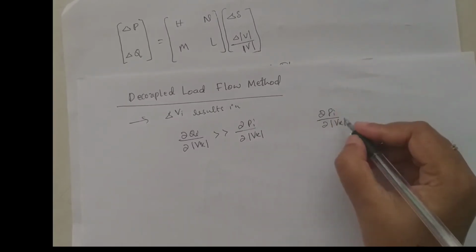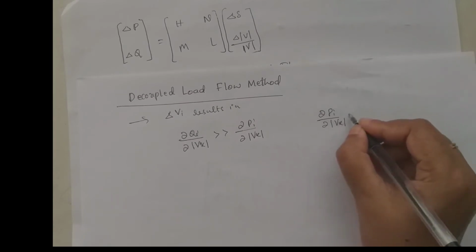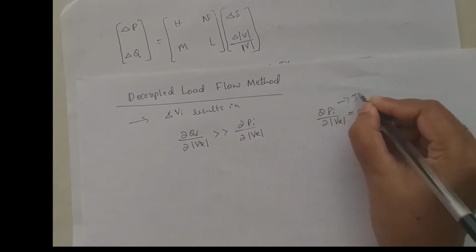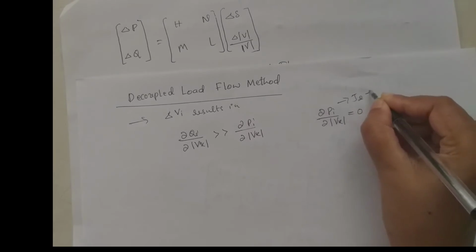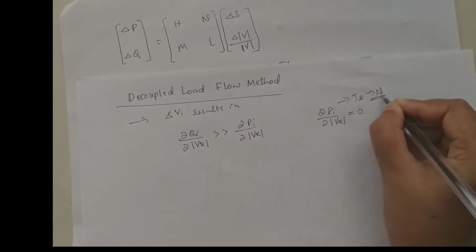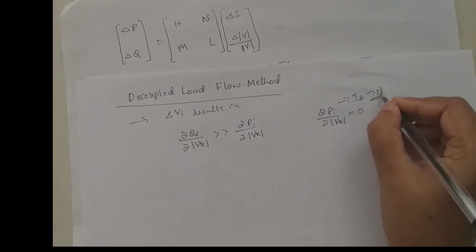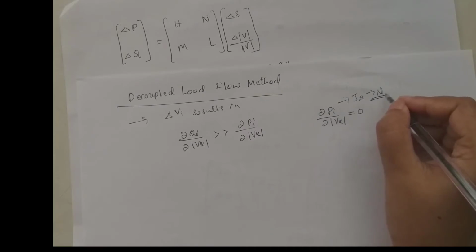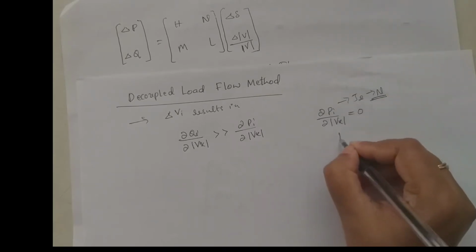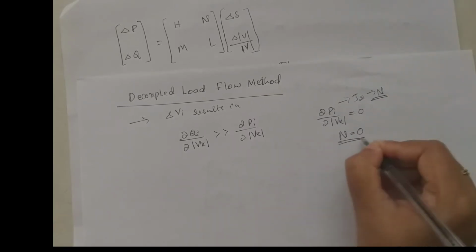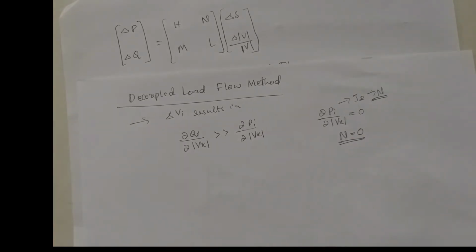What is the partial differentiation of Pi with respect to Vk? It is matrix J2, which is also called the N matrix, a submatrix of the Jacobian matrix J. So the elements of submatrix N are made 0.